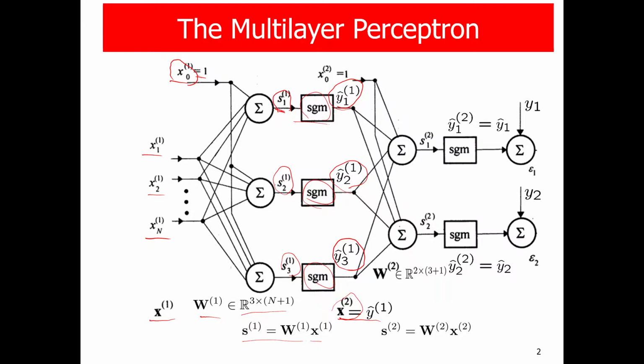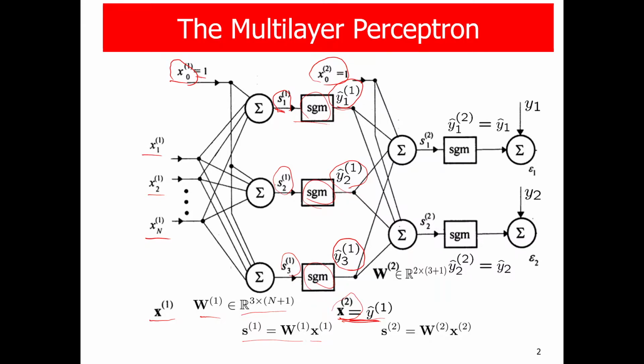Obviously, x2 equals y hat 1, because x2, the input of the second layer, is the same as the output of the first layer. Again, we will have an extra bias input in the second layer. That's denoted with x2,0, and it again is just a constant one.